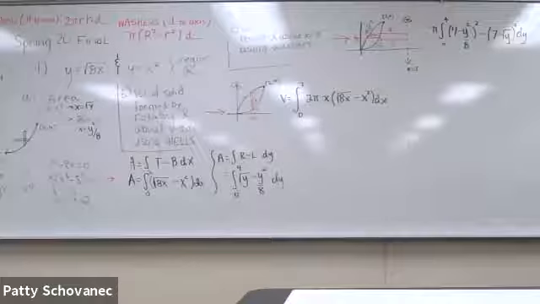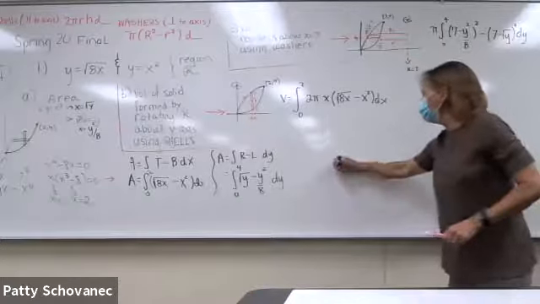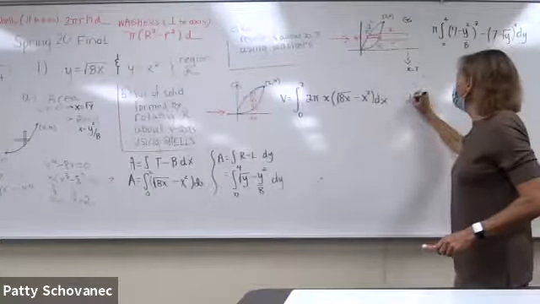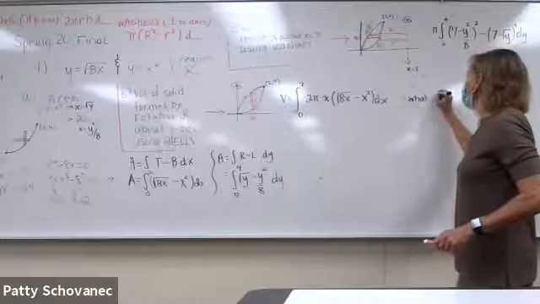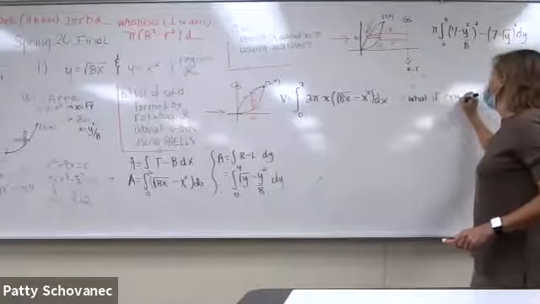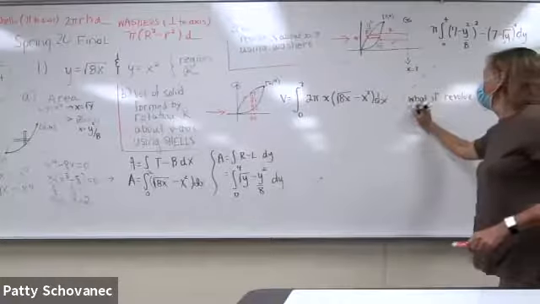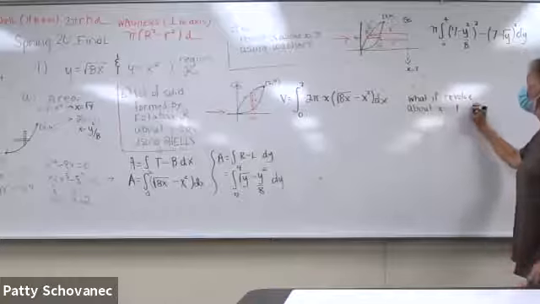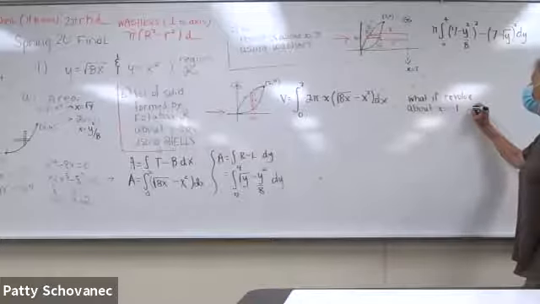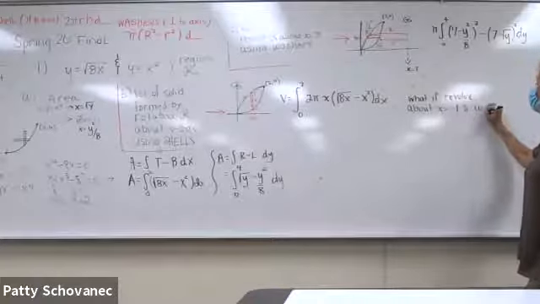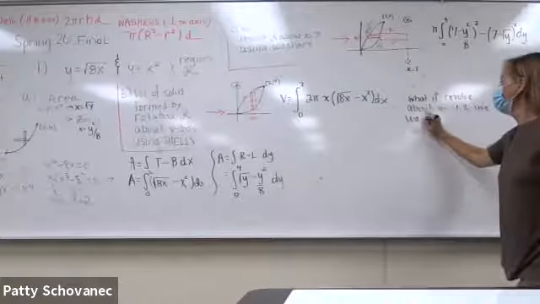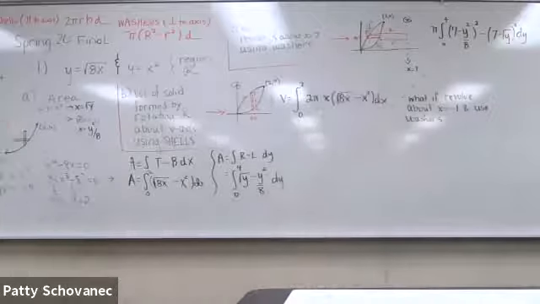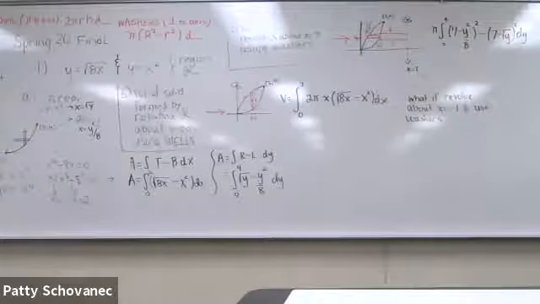So let's do a couple of what ifs. If we take that same region, what if we take that same region, revolve about x is -1, and use washers?